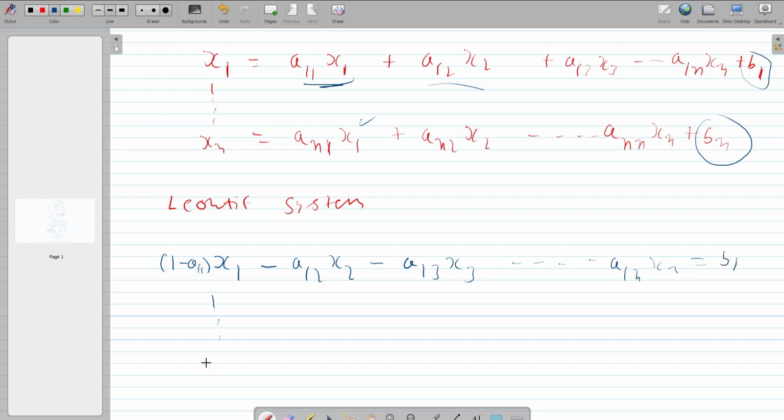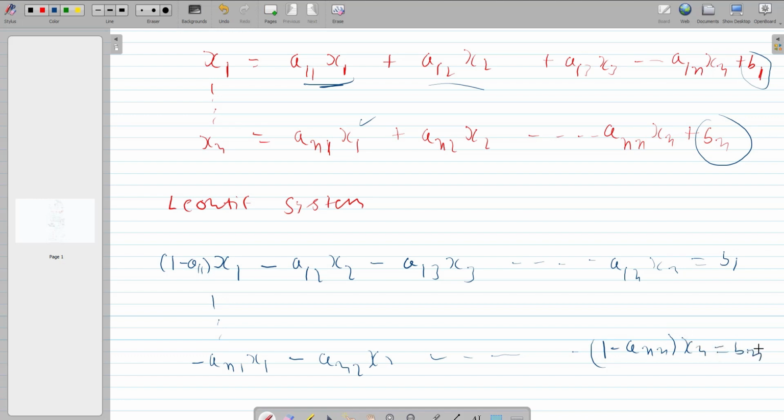And in the end I'll get minus An1 x1, then minus An2 x2, till 1 minus Ann into xn is equal to bn.